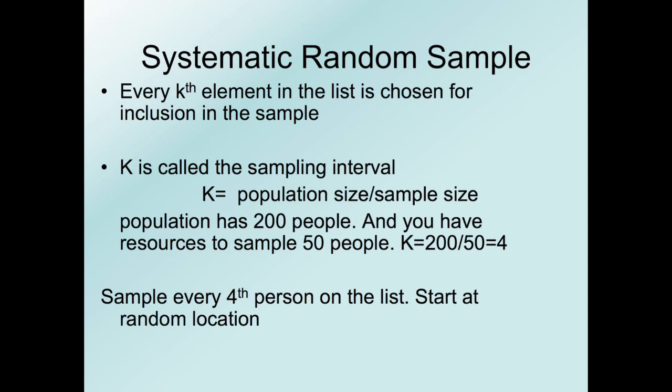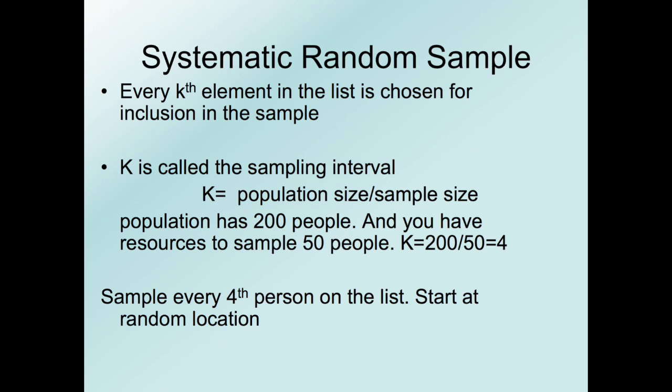Statistical power analysis may inform what your sample size needs to be, right? So just for the sake of example, if you have a population of 200 people and you have resources available to sample 50 people from that population, then it's your population size divided by the sample size. So you're going to draw every fourth element from the list, right?